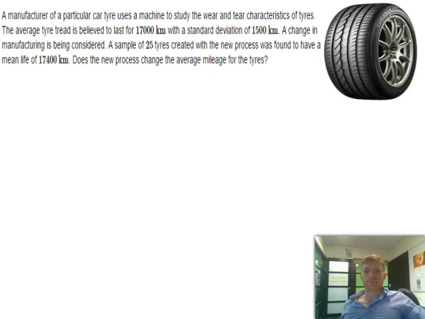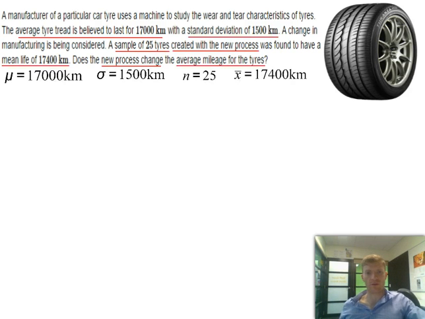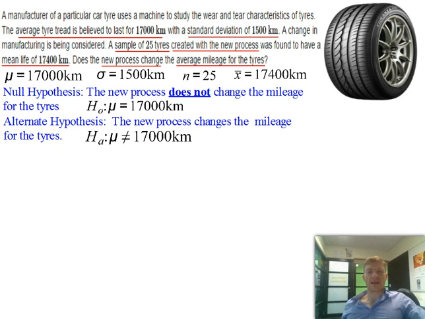Alright. So let's look at the same problem, but we're going to be considering the p-value in this case. The first thing is, like we did before, identify the key pieces of information and summarize those parameters for our problem. Then we state our hypotheses. Again, as before, the null hypothesis: there is no change observed, so the mean is 17,000 kilometers.